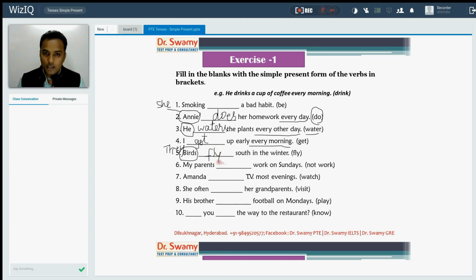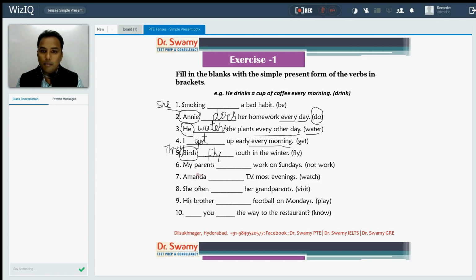You don't have to make any changes to the verb. What are the three forms of fly? Fly, flew, flown. So you have to use the verb in first form. Birds fly. You don't have to add flies. That is wrong, because the subject is they. It is not third person singular.